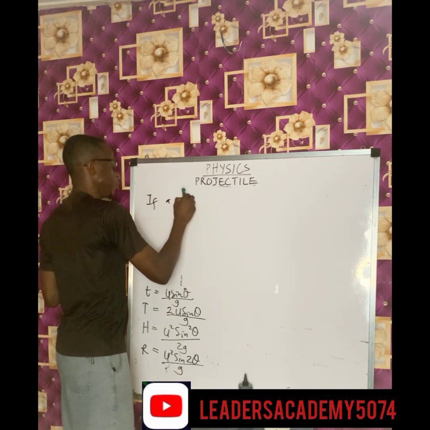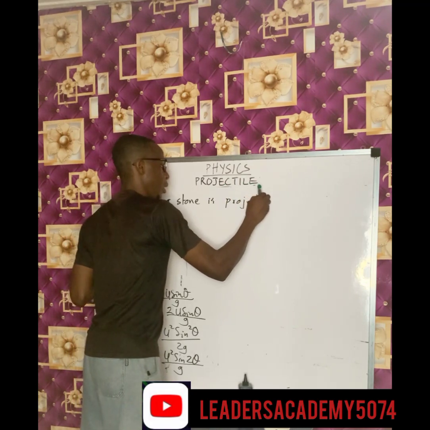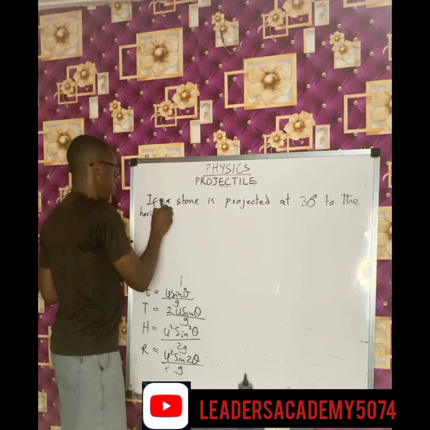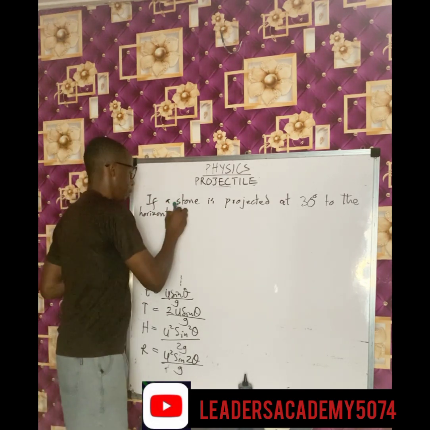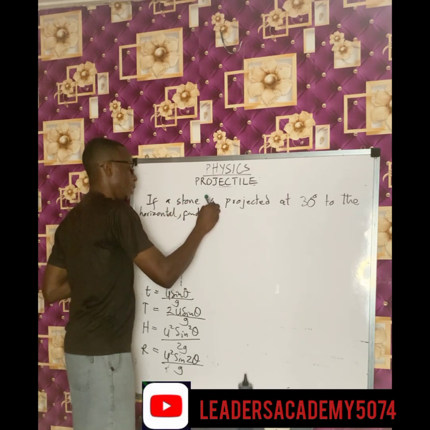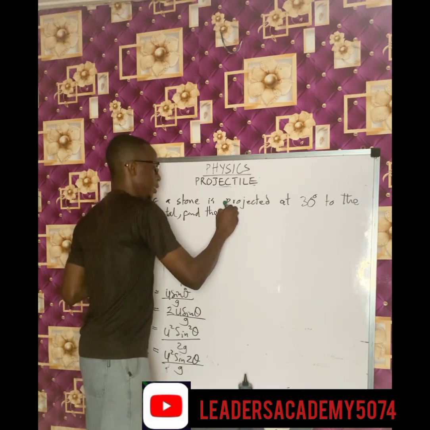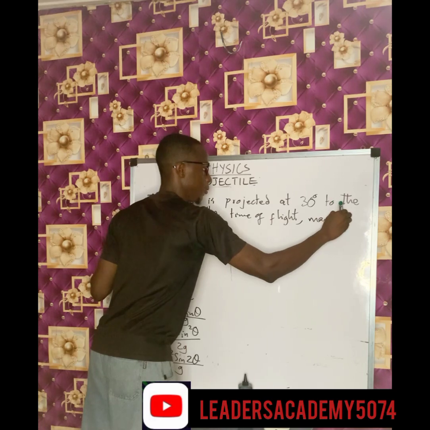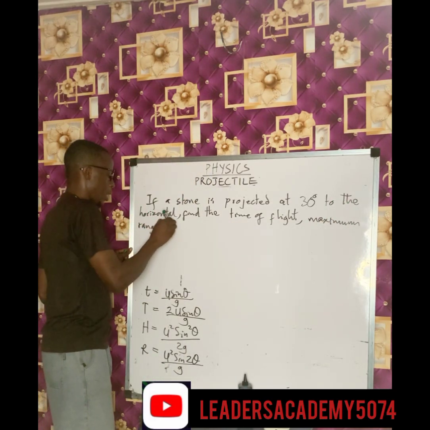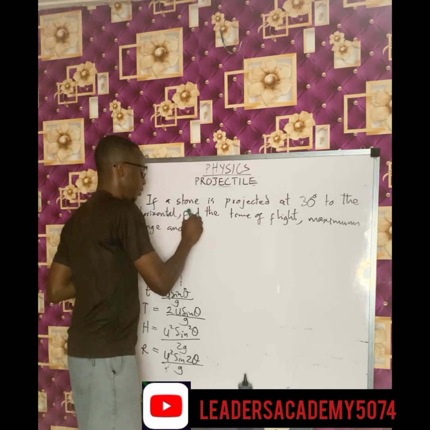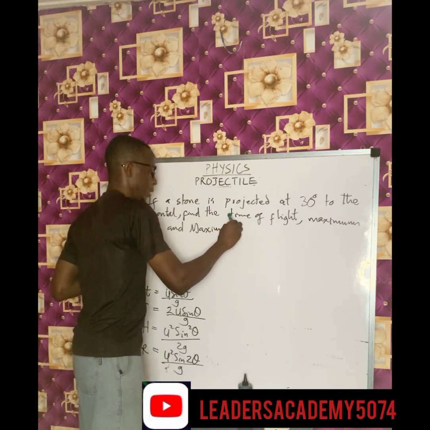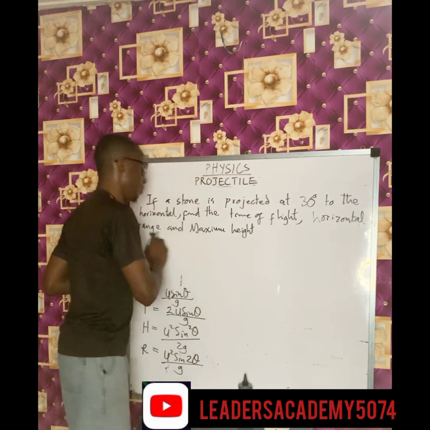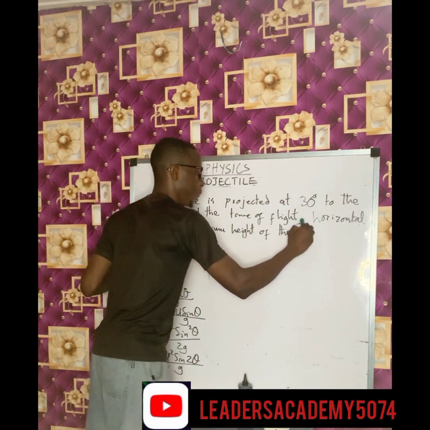If a stone is projected at 30 degrees to the horizontal, find the time of flight, the horizontal range and the maximum height of the projection.